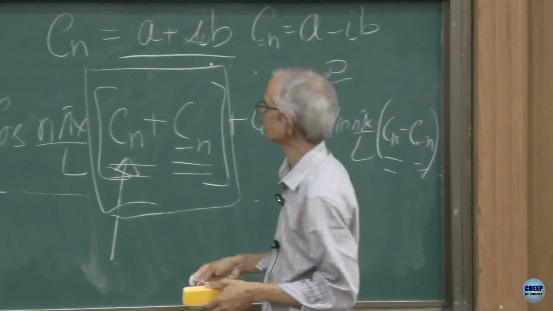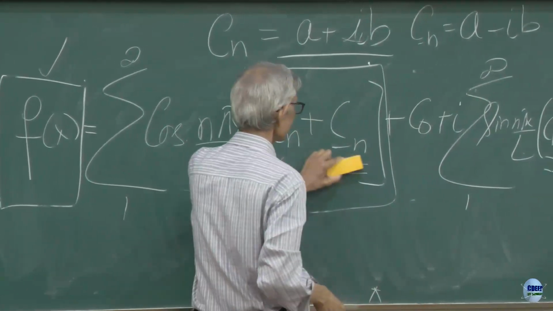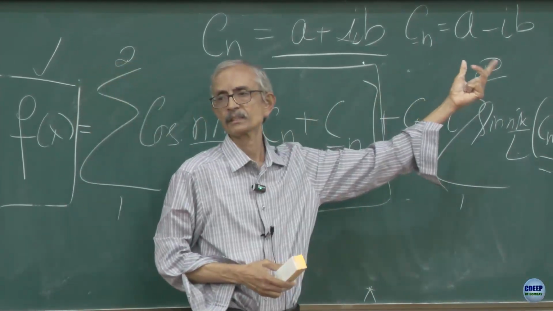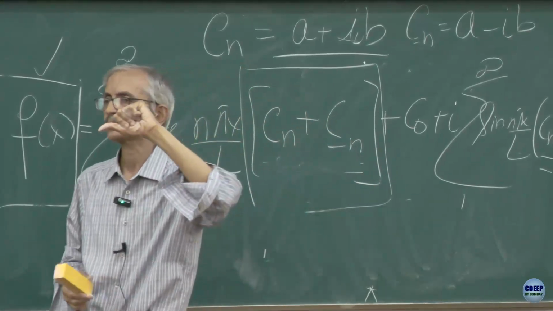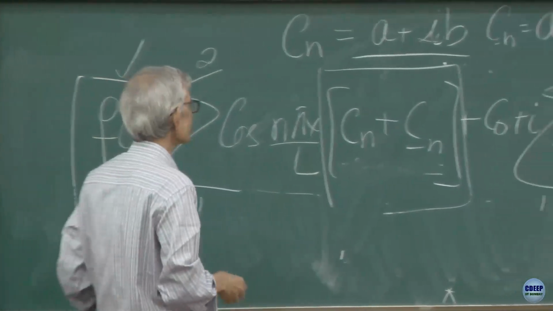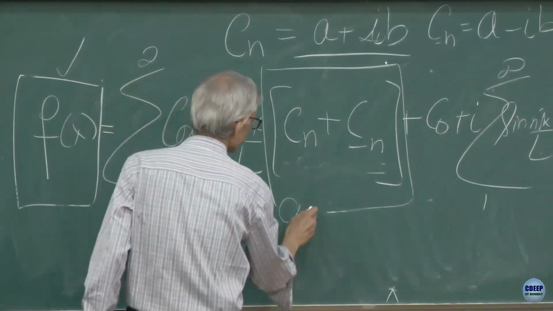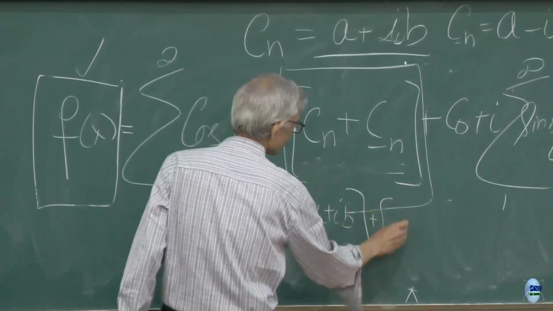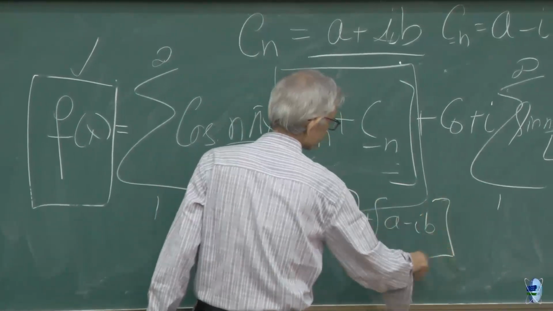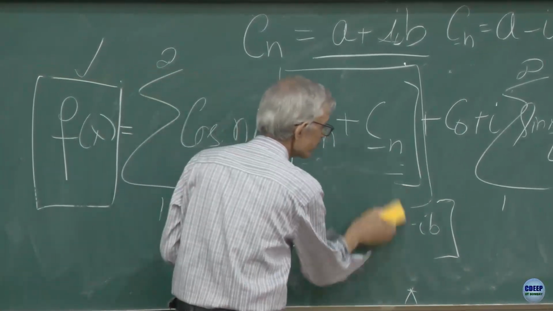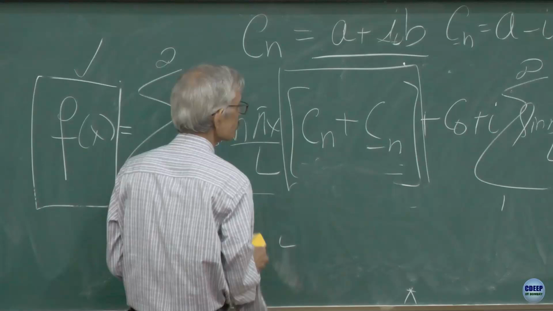So let me hypothesize that Cn must be equal to the complex conjugate of C minus n if f(x) is a real function. If all our algebra is correct, then that will happen. So this is A plus Ib plus A minus Ib.